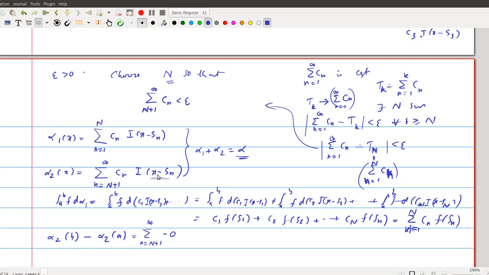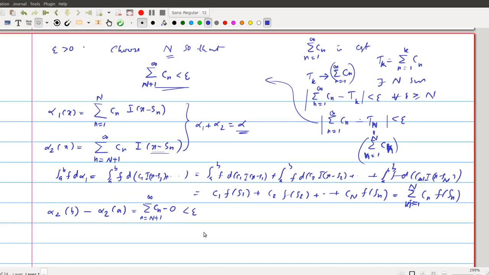When you put b here, then this quantity will be 1. So alpha 2 of b will be this, the sum from n equal to N plus 1 to infinity. But we have chosen this N such that this quantity is less than epsilon. So this will be less than epsilon. Okay, this is the splitting of alpha into alpha 1 and alpha 2.